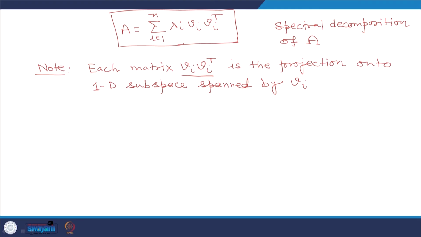spanned by Vi. In other words, if I am writing this projection matrix as P, then this linear map P operating on X equals Vj Vj transpose X. So, this Vj Vj transpose, which is equal to P, is a projection map.